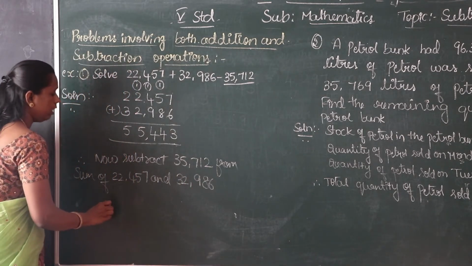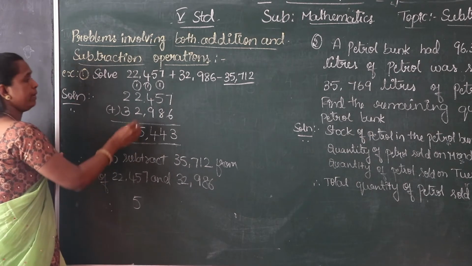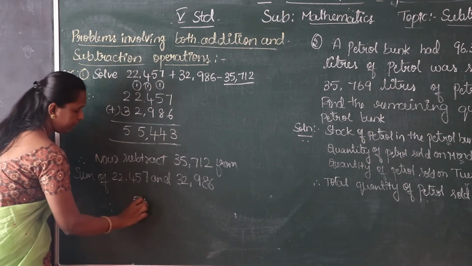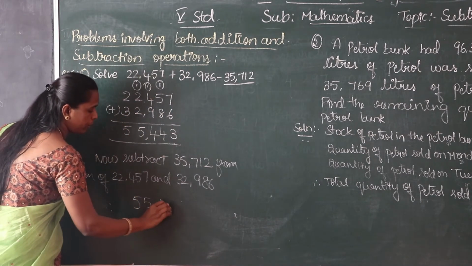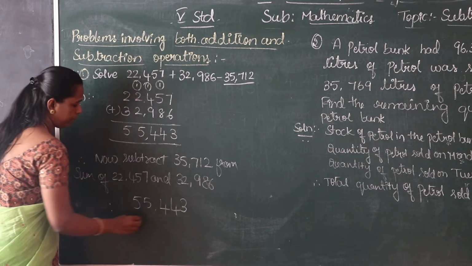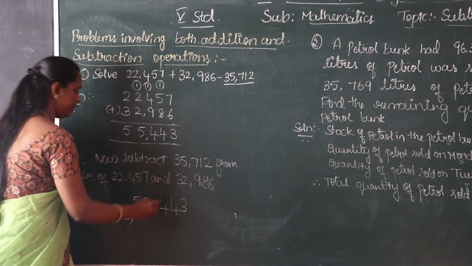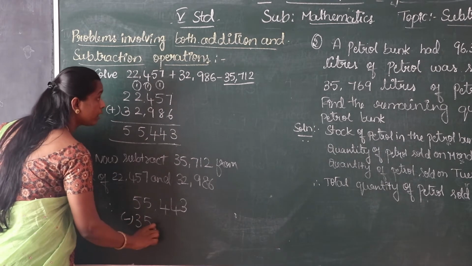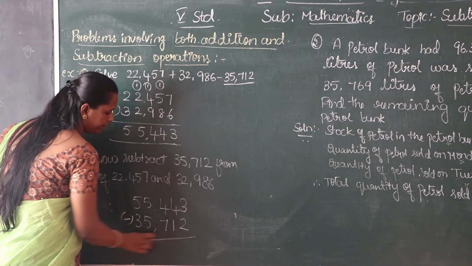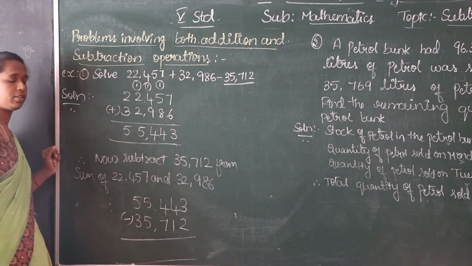So the sum of these two numbers is 55,443 minus this number 35,712. So do the subtraction here.